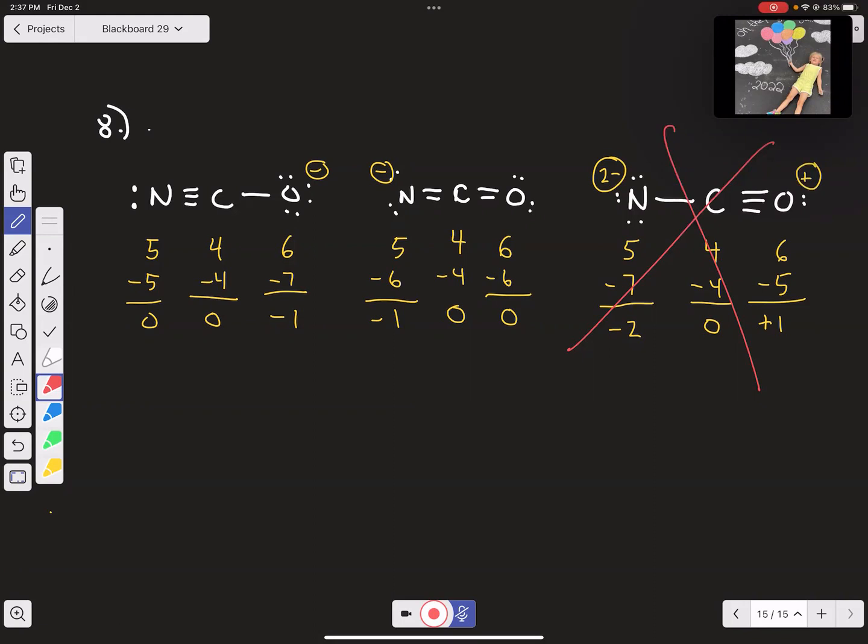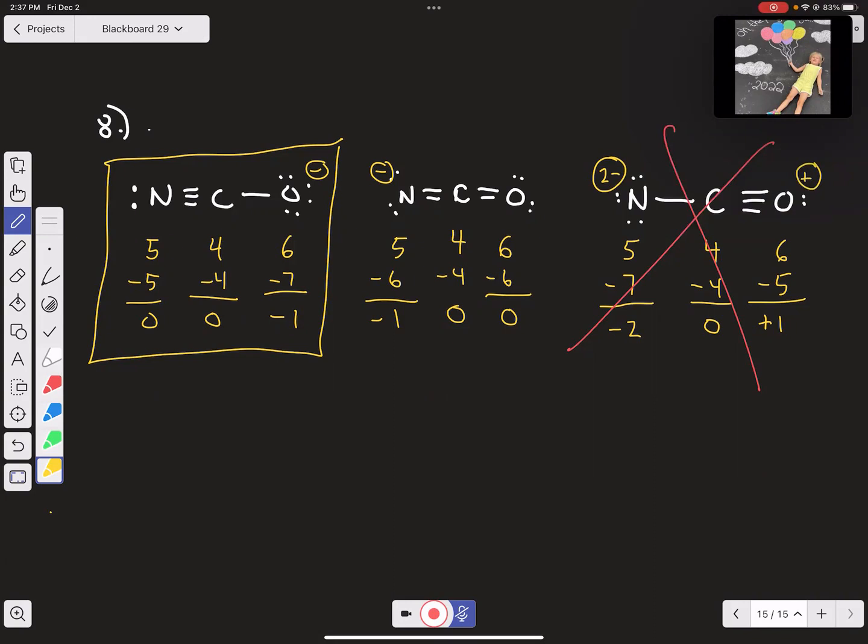So we don't want a positive charge on oxygen. Oxygen is closer to fluorine than nitrogen is, so oxygen is more electronegative. So the best resonance structure is the structure that puts that negative charge on oxygen. That would make it better than the resonance structure that has a negative charge on nitrogen.